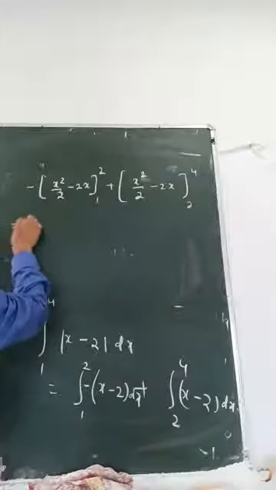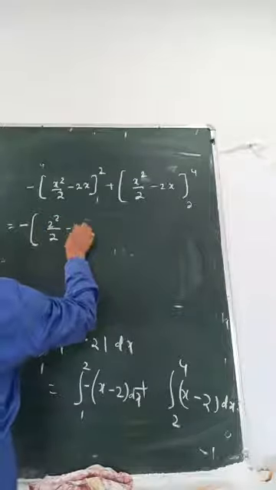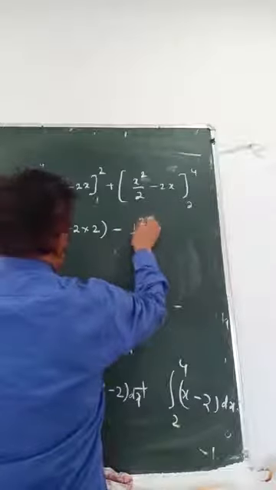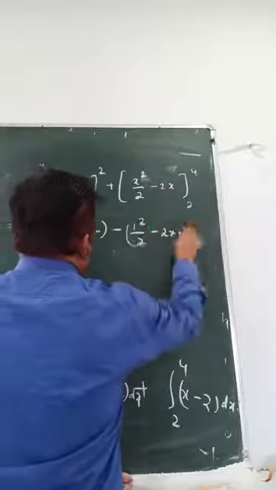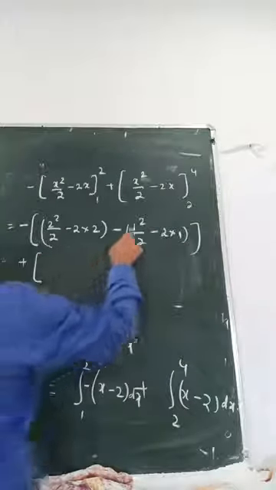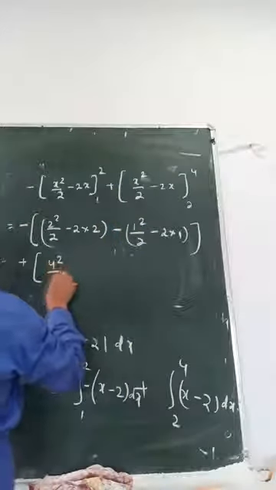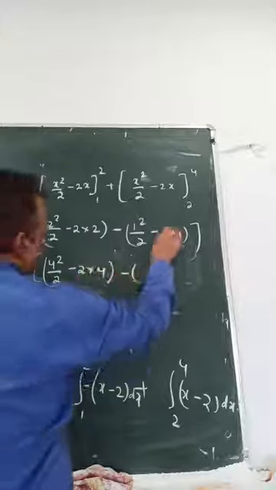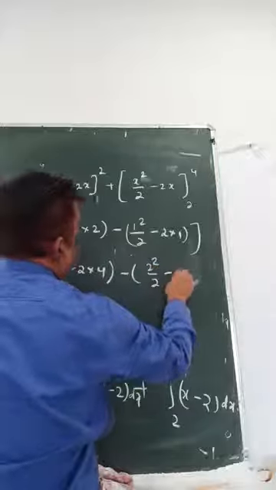So minus 2 square by 2 minus 2 into 2, minus 1 square by 2 minus 2 into 1, plus, this is the upper limit, 4 square by 2 minus 2 into 4, then you put 2: 2 square by 2 minus 2 into 2.